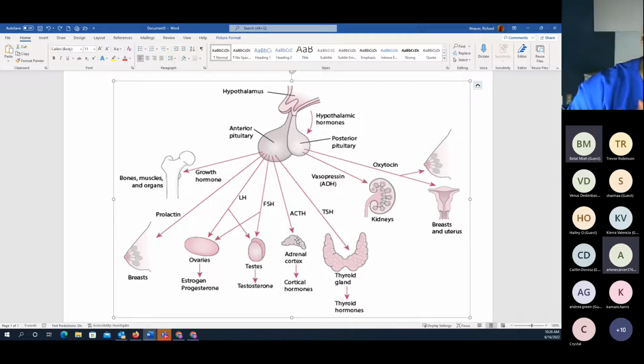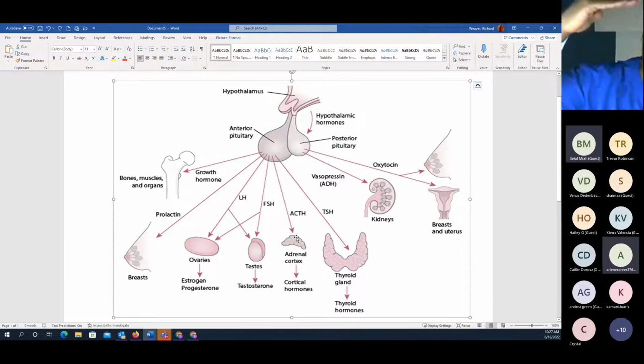Plus sign means we need to add. So when our levels of hormones are low, the anterior portion of the pituitary, or even the posterior, will secrete these stimulating hormones to cause its distant organs to secrete the necessary hormones.